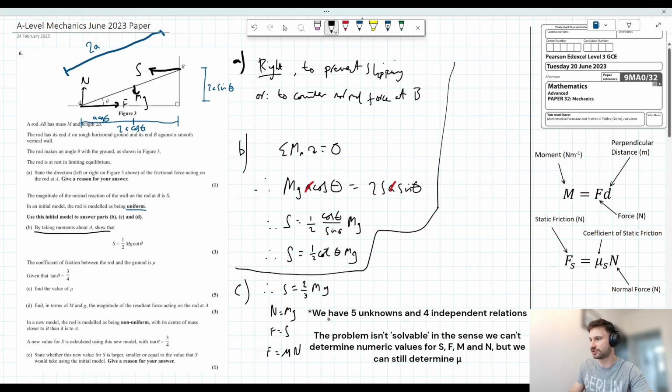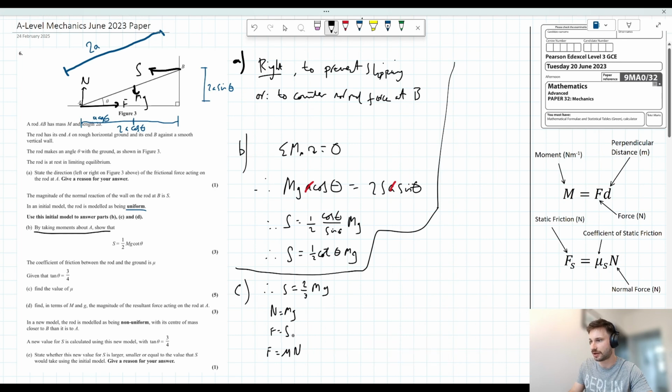Let's do a bit of substitution. So we understand that N is equal to mg here, so we can substitute mg in for N. We can say F is equal to mu times mg.